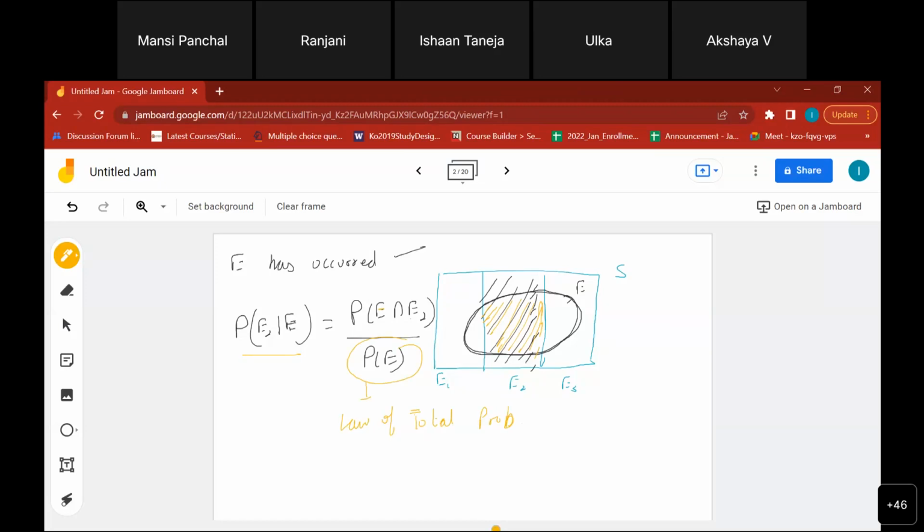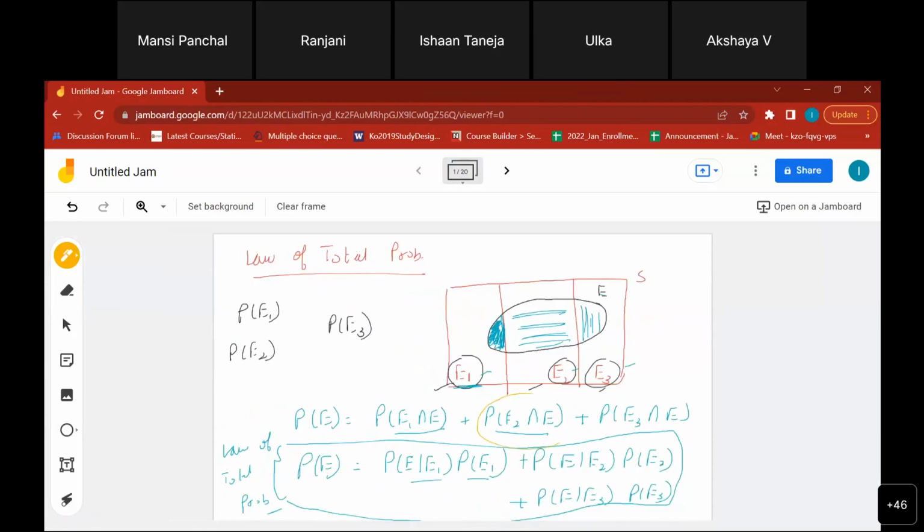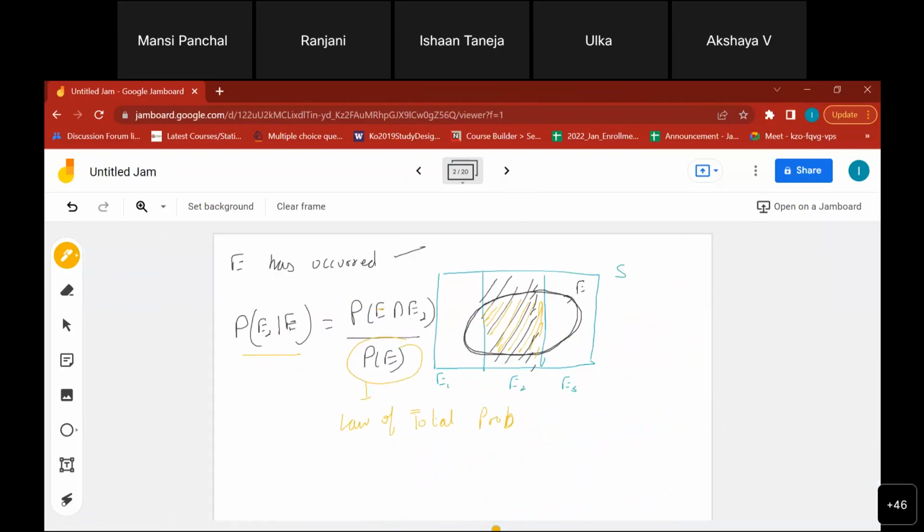E intersection E2, this information is already known to us because we have information about each of the parts. So if you notice here, we are kind of going the reverse way. We know that this event has occurred. We need to find in which portion of the sample space it has occurred. So it is nothing but the Bayes theorem whenever we go in reverse.